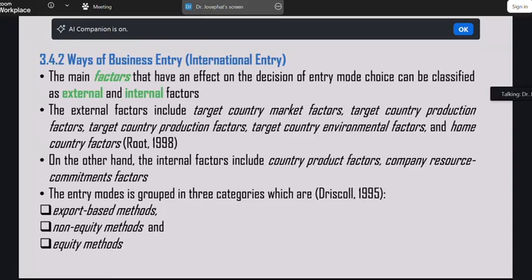Kwa tukiangalia target country market factors, kwenye hiyo nchi anataka kwenda kupeleka bidhaa yake, what are those market factors ambazo zinaweza kusababisha whether awe aende kuuza zile bidhaa au siende kuuza zile bidhaa, as well as target country production factor.